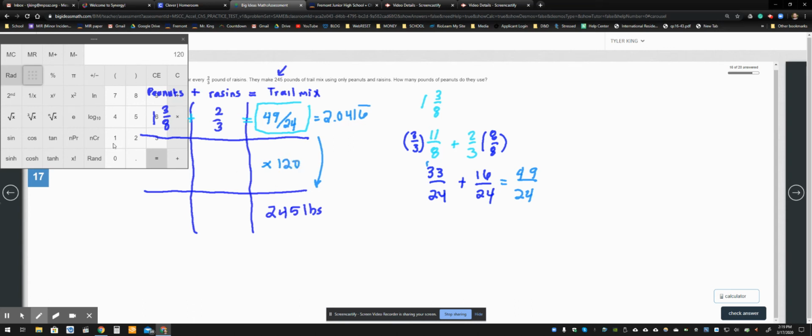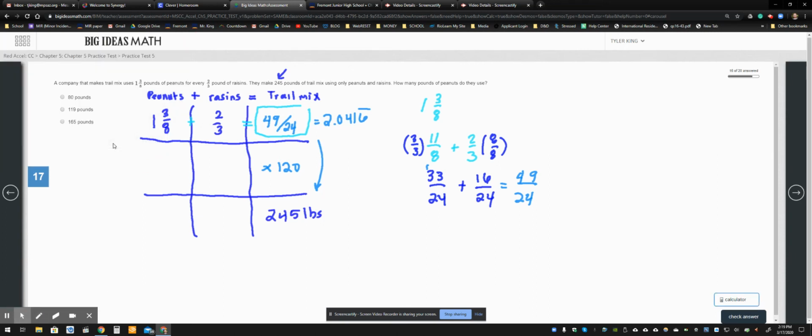Okay, so now that I know that I have to do this 120 times, I need to times all of this by 120. Now because we want to just look at the pounds of peanuts, we're really just needing to look at this first one here. So we're going to take 1 3/8 and we're going to times that by 120. And I'm just going to start by using my calculator here.